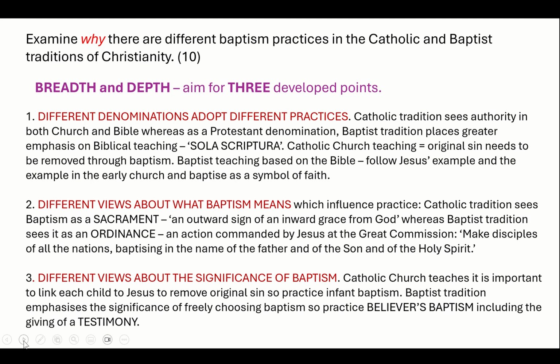So breadth, 3 different points, 3 different aspects of knowledge that you can use to answer the question is a really good way to show breadth. And only having 3 is a good way to make sure that you are able, in the time allowed, to go into enough depth. So if it doesn't specify 2 specific things in the question, 3 developed points is a really good rule of thumb to follow.